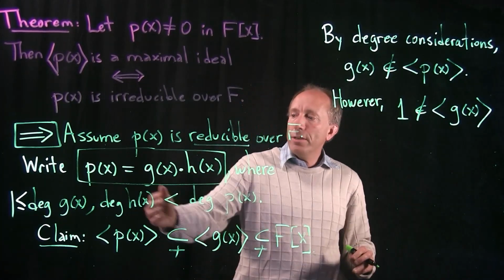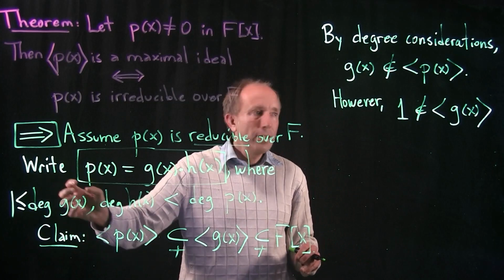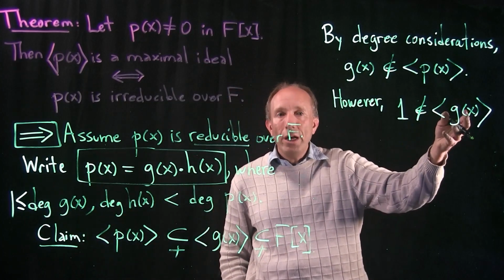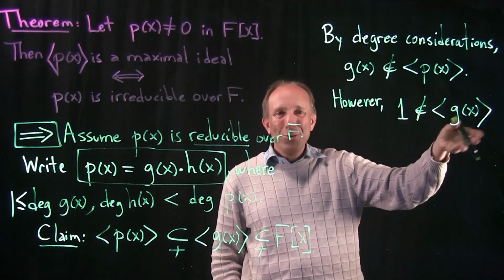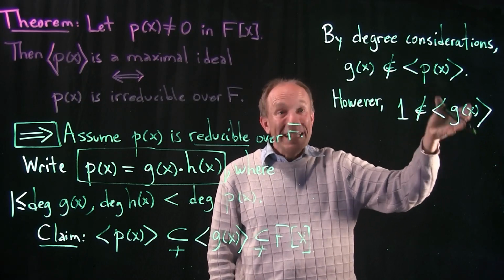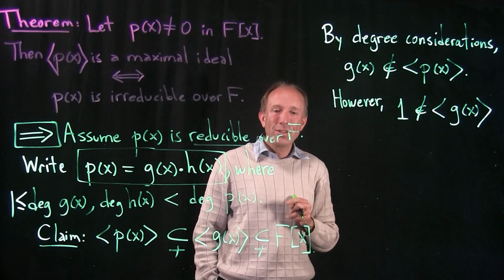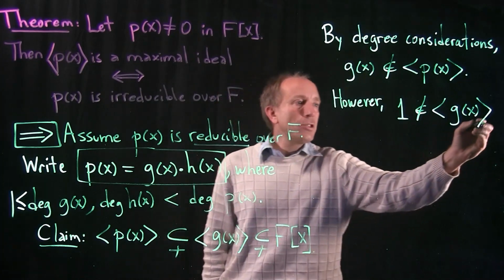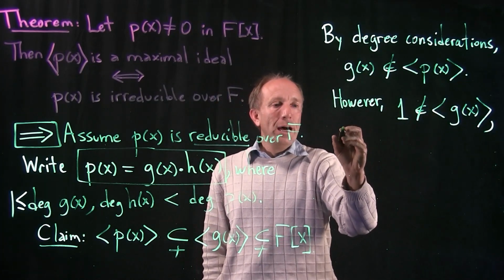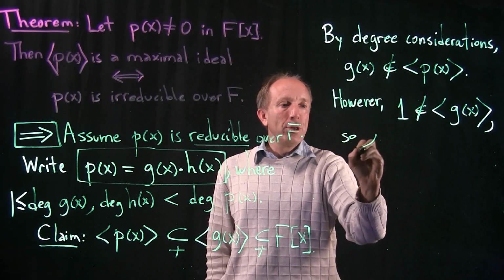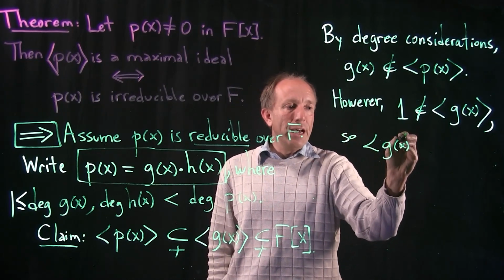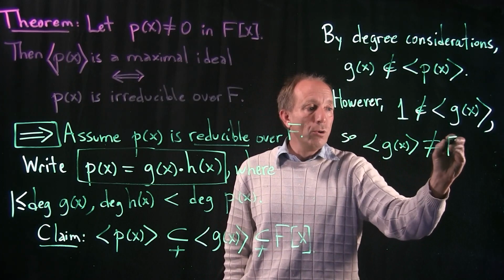Because g of x is already not a constant. It already has degree at least 1, and so all multiples of it will have degree at least 1. Constants won't be in there, right? Constants won't make it in there. And so that means that the principal ideal generated by g of x is not equal to the whole F of x.